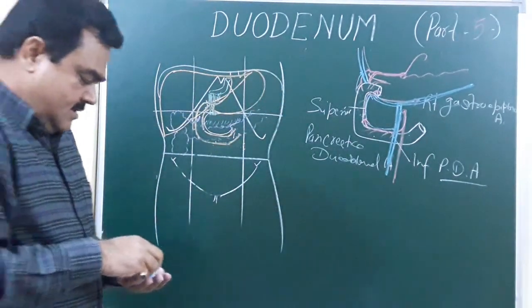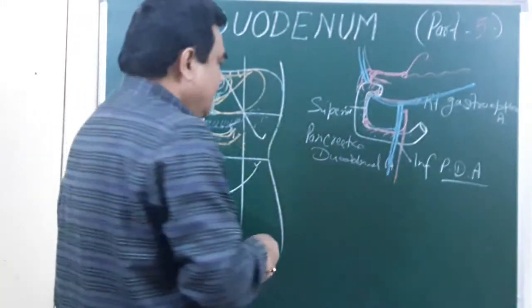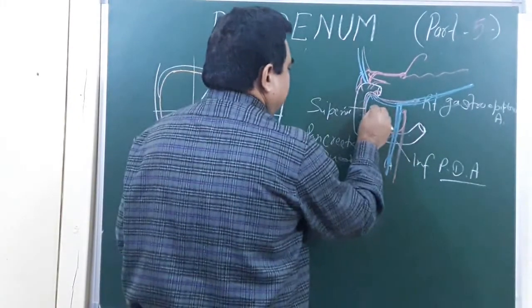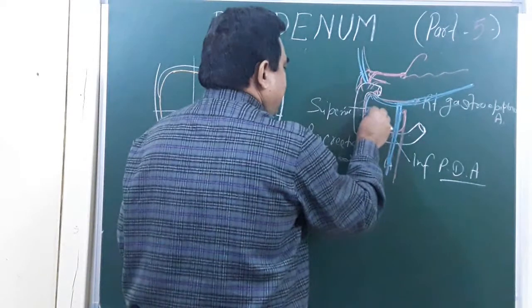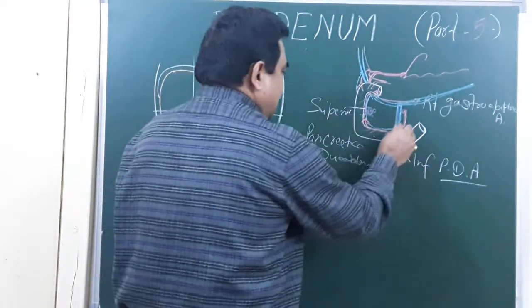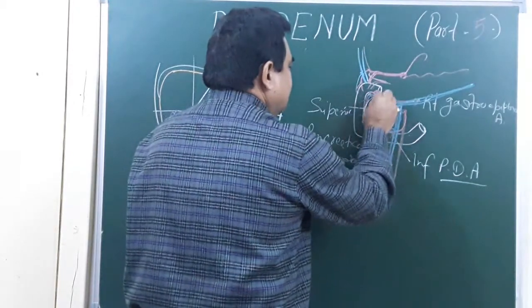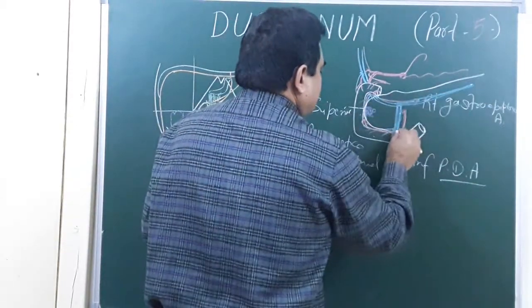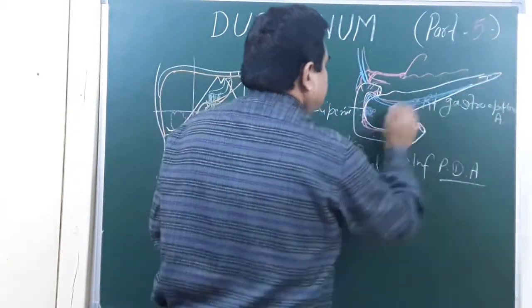And lymphatic drainage. Here is the pancreaticoduodenal lymph node. Here is the position of the pancreas. This is the head of the pancreas.